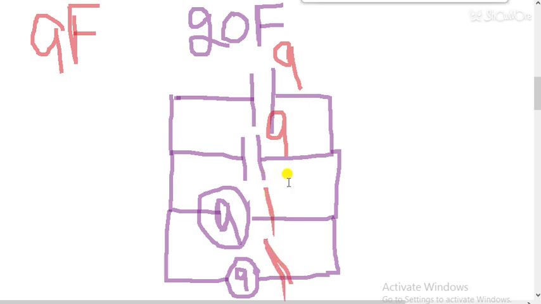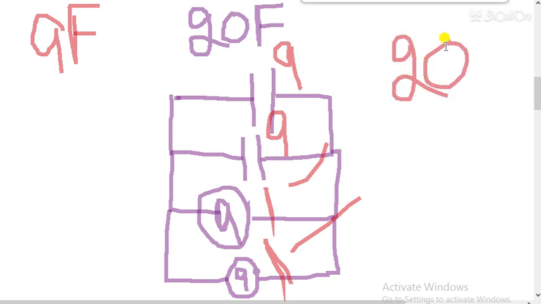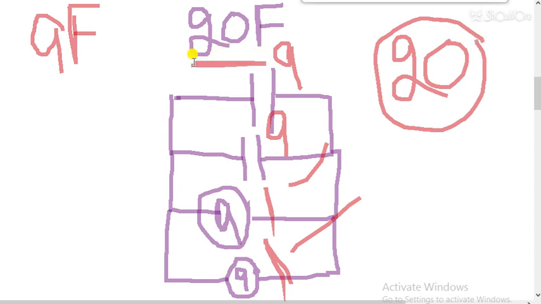So 9 and 9 is 18, 19 and 20. So in this way you can solve the question, and the minimum number of capacitors in this case is 9, 9, 18, so 20 capacitors of 9 farad are required to get 20 farad. No other combination is available. If you have any combination, then you can send me. These are the possible questions that I am discussing.